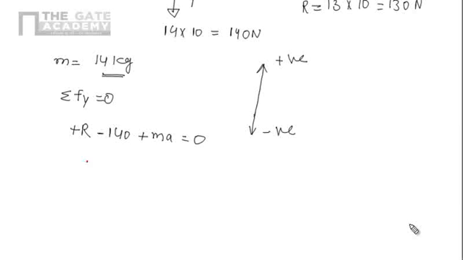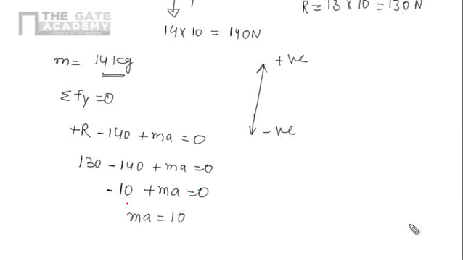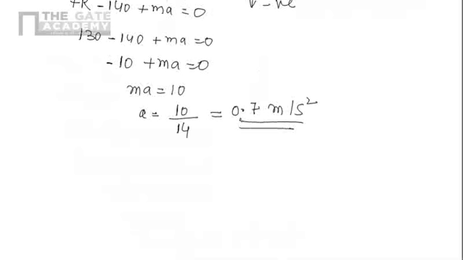So R, we know, is 130 minus 140 plus MA equals to 0. So minus 10 plus MA equals to 0. So MA will be 10, and a is 10 divided by 14, which comes to 0.70. The correct answer is 0.7 meter per second square.